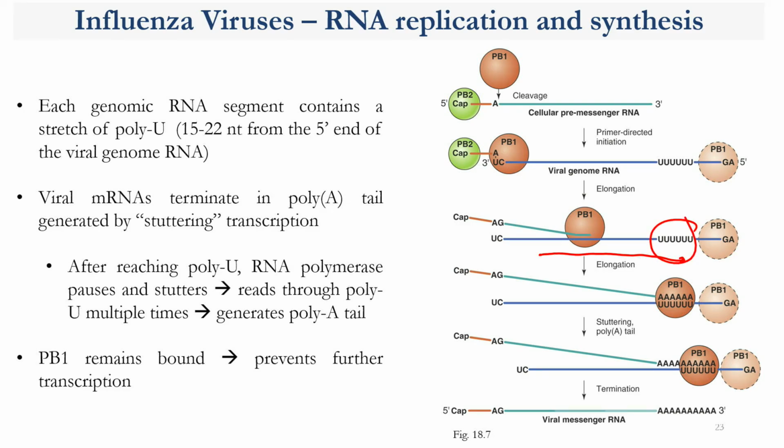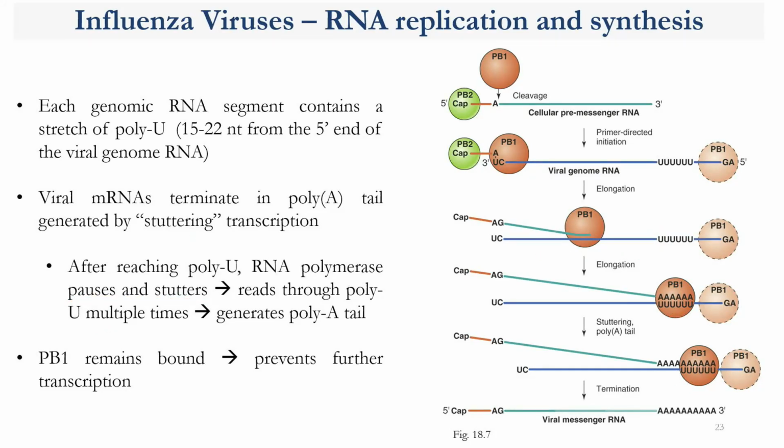And as it does that, it's going to start to stutter. After reaching the poly-U, your RNA polymerase pauses and stutters, and it reads through the poly-U multiple times. So basically, it stutters and keeps repeating this region. And as it does that, you're adding a poly A tail to your mRNA.